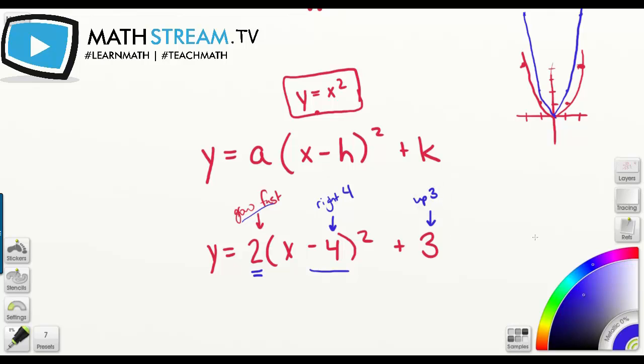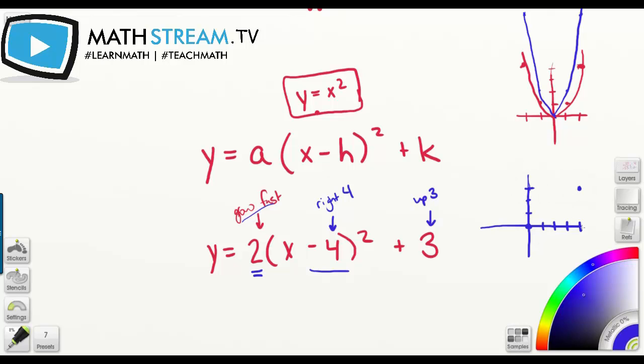So what does that actually mean on a graph? Just roughly, because we have graphing calculators that can graph nice and specific graphs, we want to just be able to roughly estimate what this graph will look like. So here I know that instead of starting at (0, 0), it's going to move 1, 2, 3, 4 to the right, and 1, 2, 3 up.